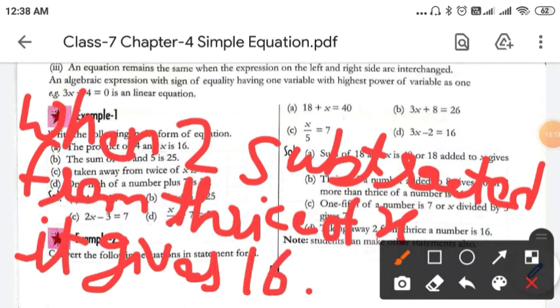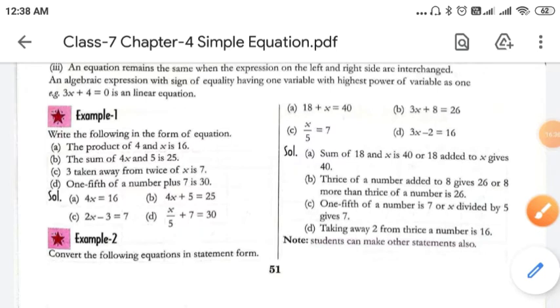That's it. We can also write like this, that when 2 is subtracted from thrice of any number, it gives 16. These two are equal. It's up to your choice. You can write any other statement also. Move on to the next point.